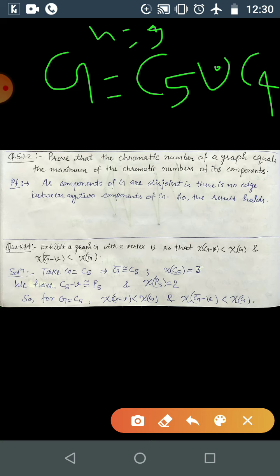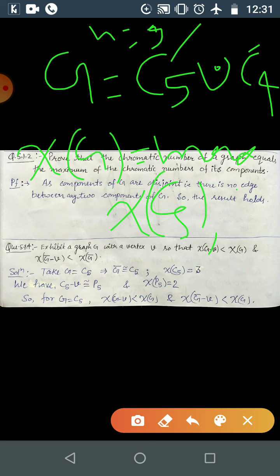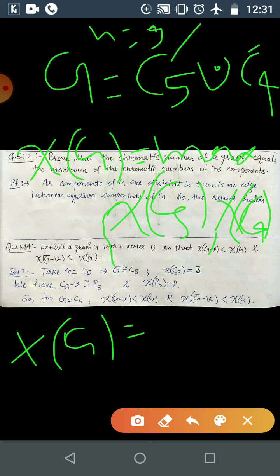So here you can directly quote this as the maximum of the chromatic number of C5 and the chromatic number of C4. From here the chromatic number of C5 is 3 and for C4 it is 2. We have done this, because for an odd cycle it is always 3 and for an even cycle always 2.